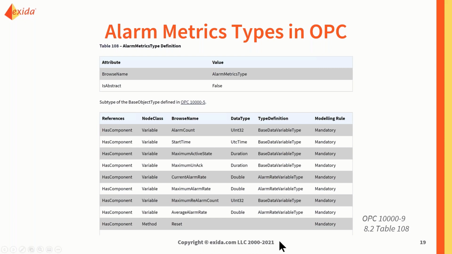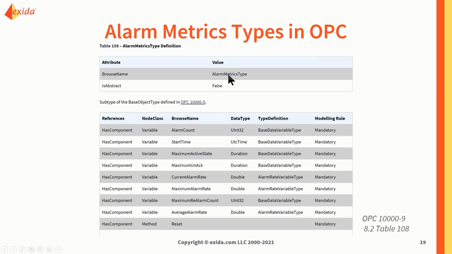There is also the maximum re-alarm count, which counts the re-alarming of one particular alarm. If the alarm is re-alarming a lot, that means there's something wrong with the alarm. Maybe it's a problem within the system that allows the alarm to come on again and again for a very long time.